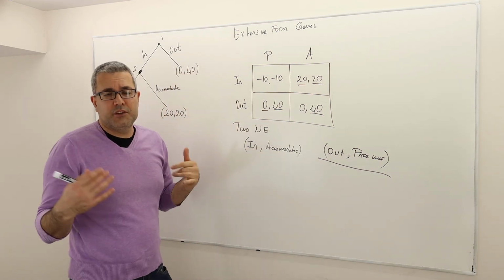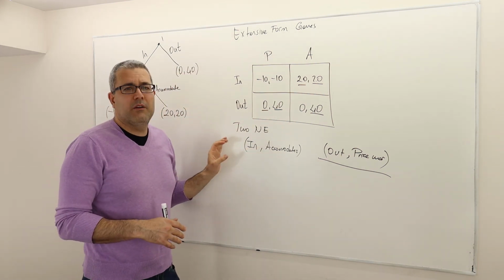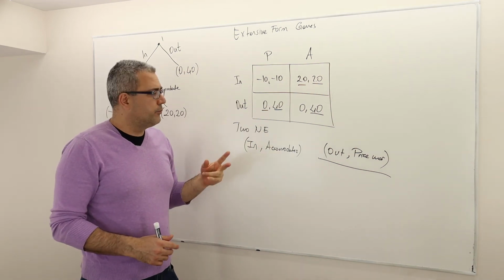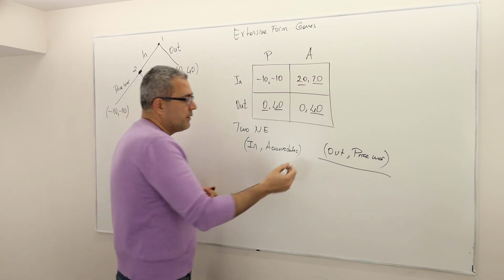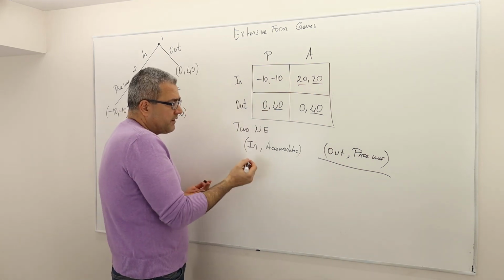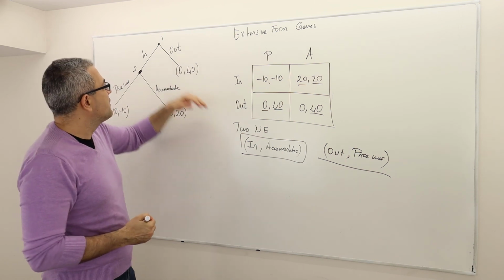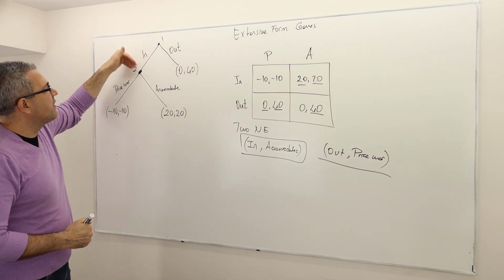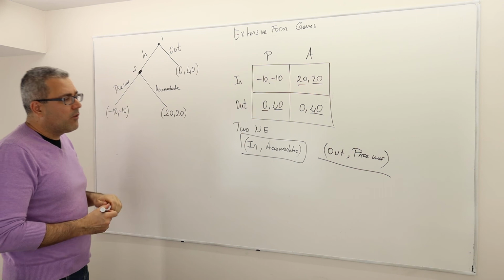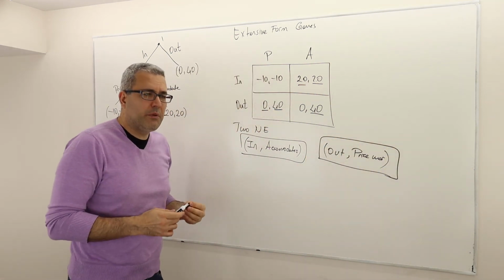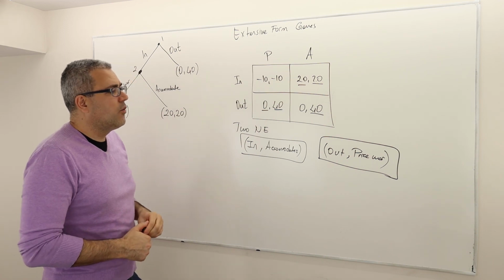This is also a Nash equilibrium, but I'm not going to argue about it much, partly because out of these two Nash equilibria, the one that makes the most sense is this one: firm one enters, and then firm two accommodates. However, this Nash equilibrium is not really appealing in this framework. Why not?